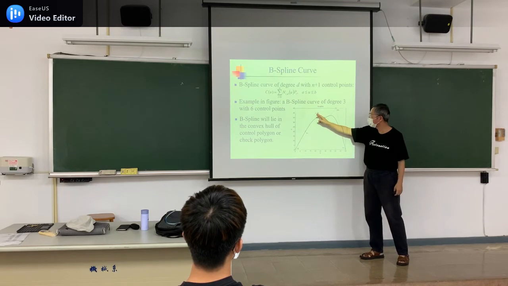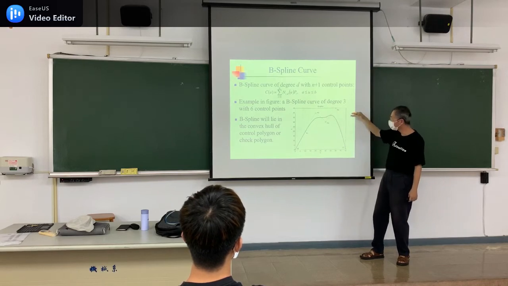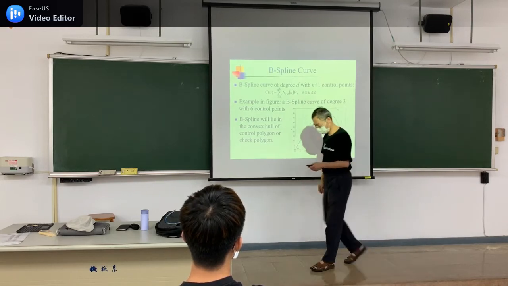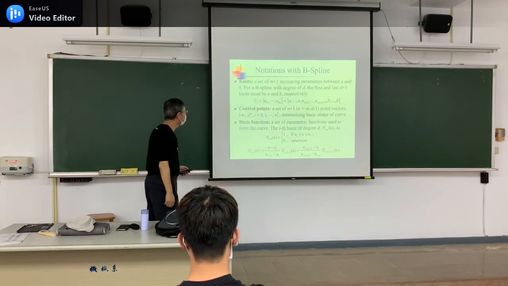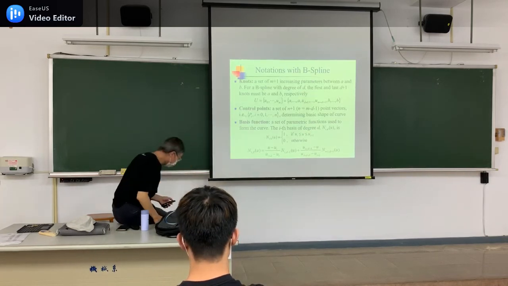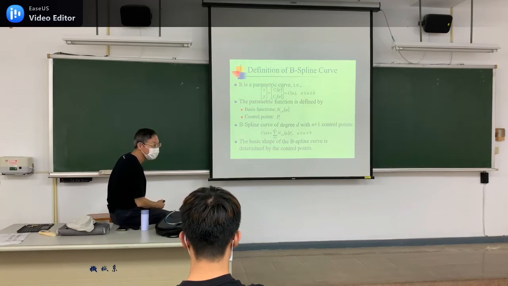Now, when you would like to have a two-peak, one valley, something like this. The key point is the so-called weighting function, or the so-called basis function.